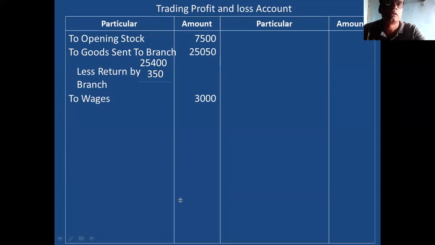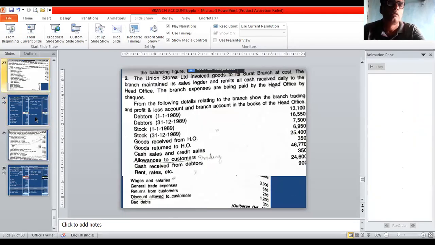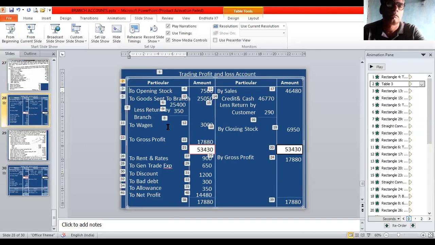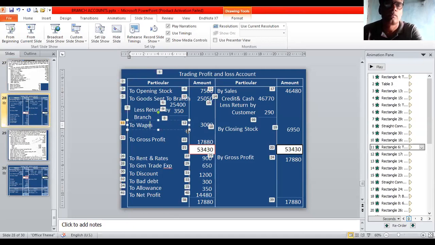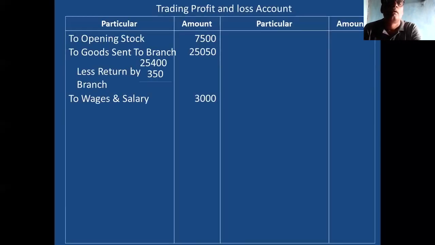If it is wages, you take it in the trading account. If it is salary, you take it in the P&L account. Remember this. 3,000 is there.